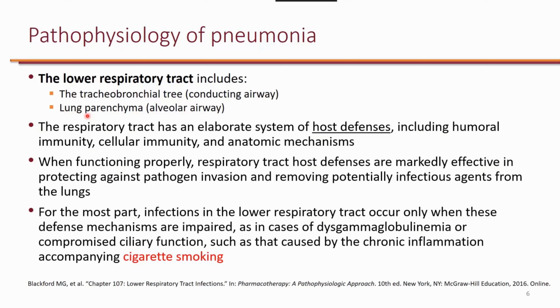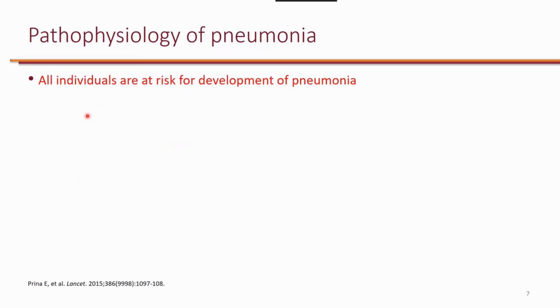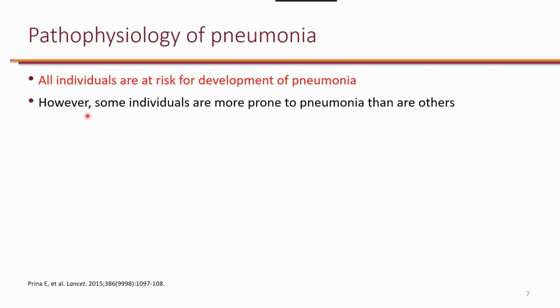Now, for the most part, infections in the lower respiratory tract occur in patients with impaired host defenses, usually due to genetic disorders or compromised ciliary function, such as patients who smoke. It is important to note that all individuals are at risk for development of pneumonia.